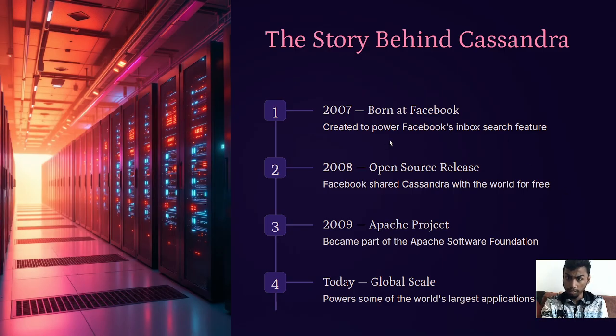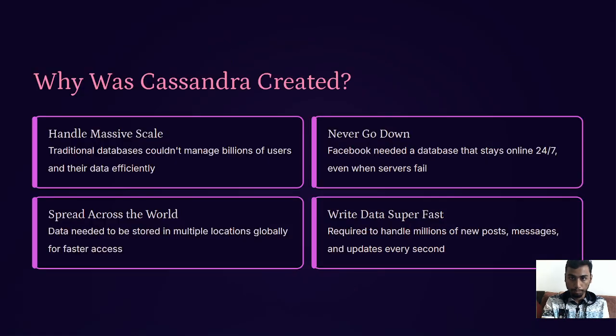In 2007 they created Apache Cassandra for their inbox search feature, to store the inbox data. In 2008 it became open source, so everyone can use it. In 2009 it became an Apache project under the Apache Software Foundation, and today we are seeing that it is used globally, like in Netflix, Amazon, Google Bigtable, and many more.